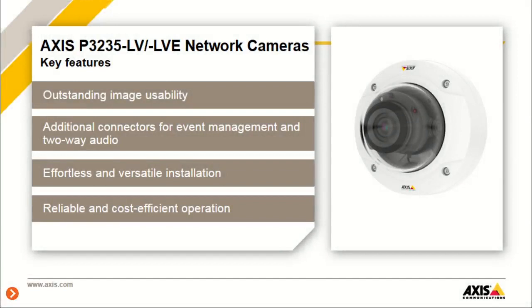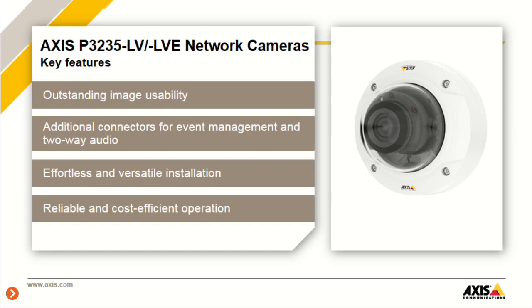Not to be too repetitive, of course, but still we see a lot of the same image usability factors that we also see in our P14 series. This one is equipped with the WDR forensic capture to handle the strong variations in light. Light finder as well, the built-in IR illumination with optimized IR.